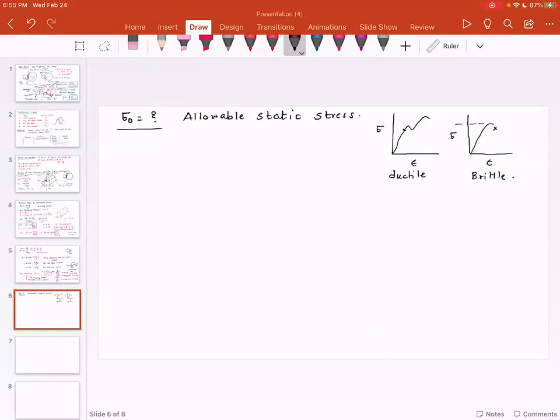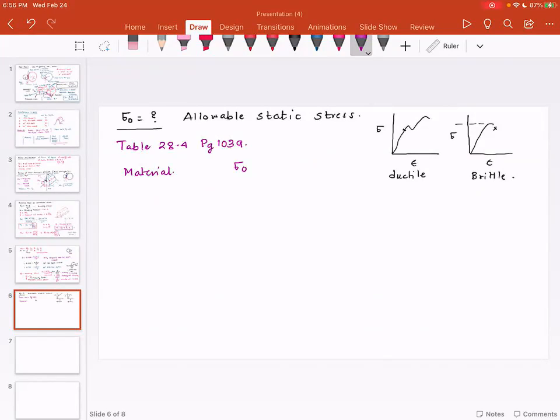Now, for commonly used gear materials, the values of allowable static stress are given in table 28.4 on page 1039 of the text. I'm going to list some important materials that are commonly used and their values of sigma O. And again, this is just a guideline.